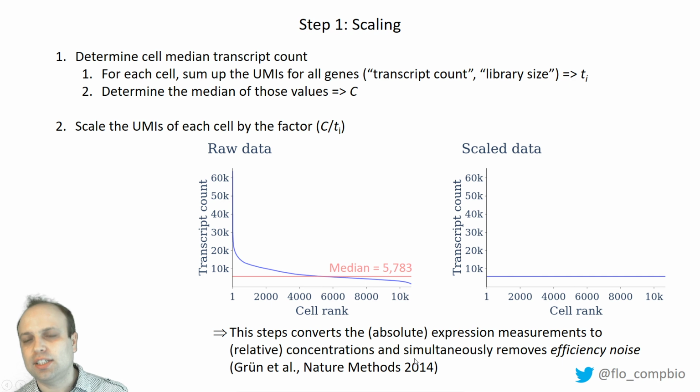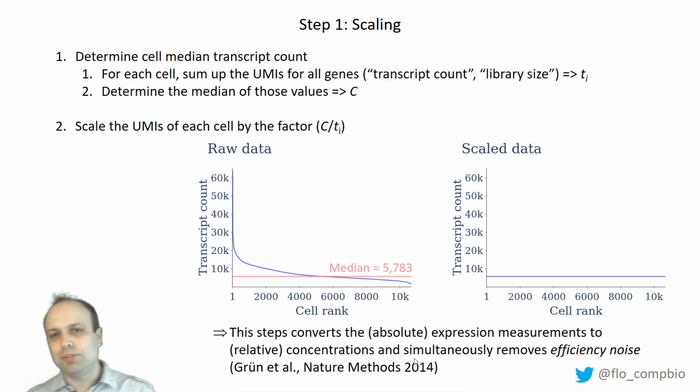The idea is that when you're doing the single-cell RNA-seq protocol, each cell gets encapsulated in some droplet, let's say, and through the chemistry, you capture the mRNA from each cell. For some cells that happens a little bit more efficiently than for others. For some cells you're capturing more of the actual mRNAs in the cell, and for other cells fewer.